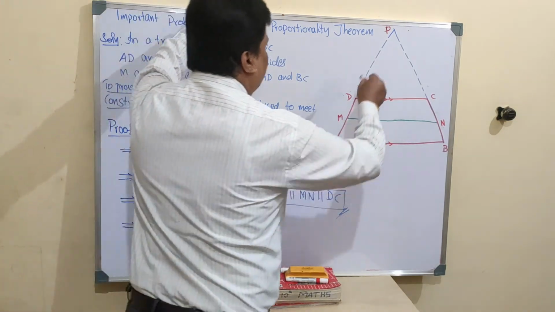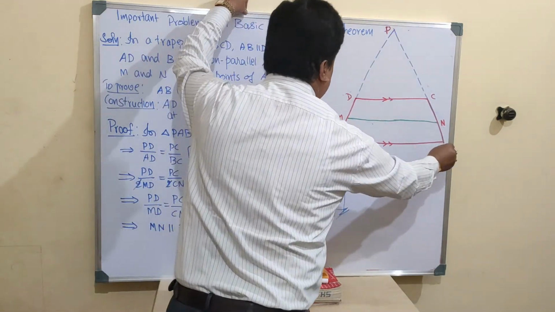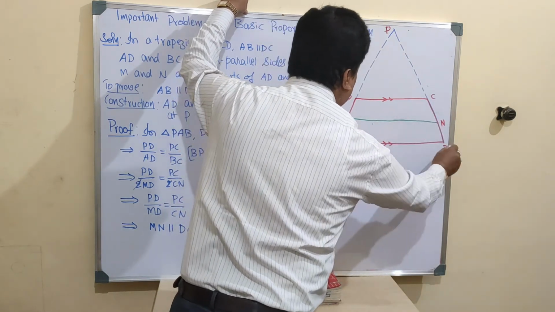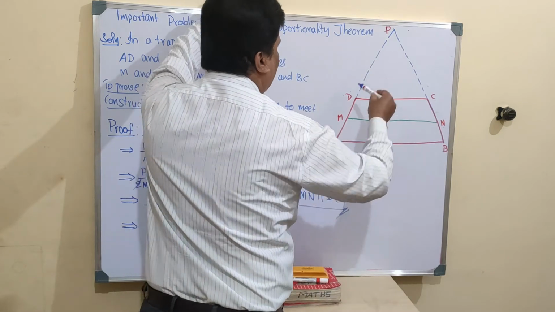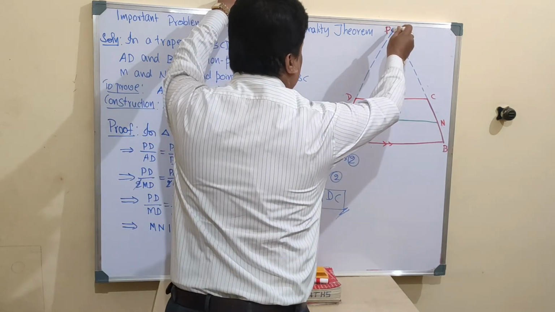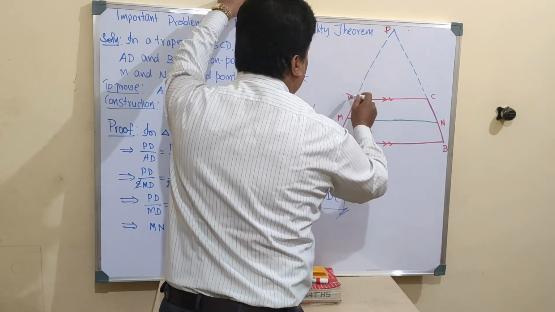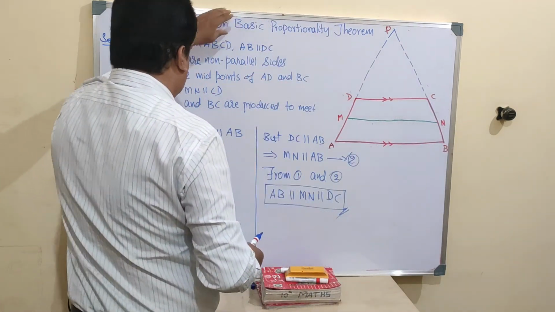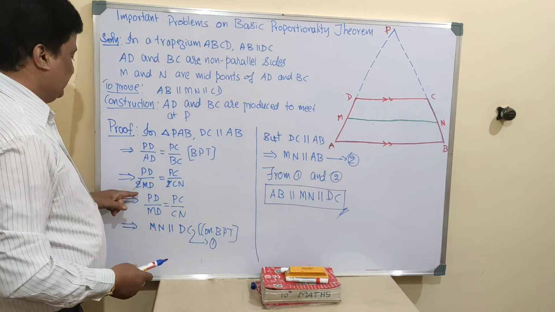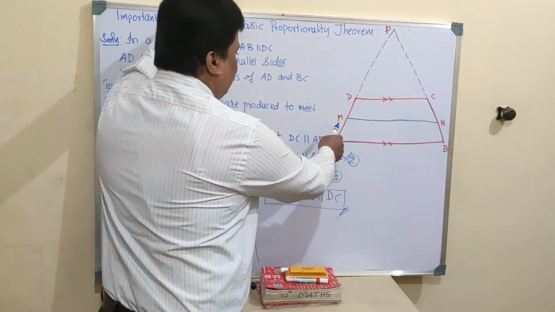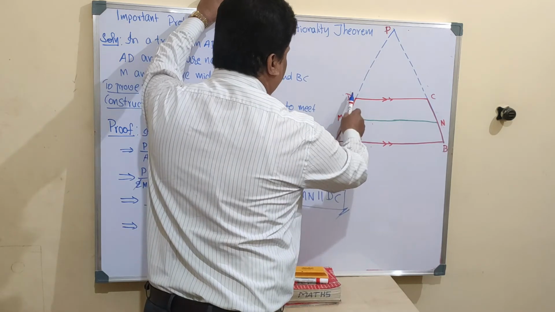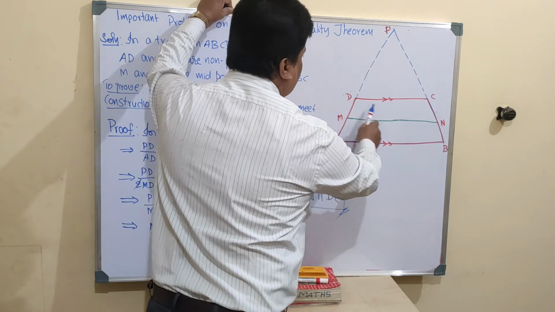Now in triangle PAB, DC is parallel to AB. Therefore, as per the basic proportionality theorem, we can write PD by AD is equal to PC by BC. But as we know that M is the midpoint of AD, for AD we can write 2MD.